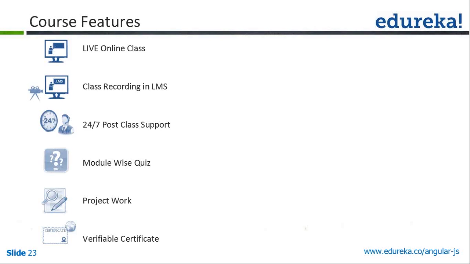Next one, 24/7 support. If you have any queries, you can call our support guys and the queries will be resolved. And each and every module will have its own quiz. So we'll check what we learned in this particular module. Then the last one is we will be doing the end-to-end JavaScript project. And we will be getting the verifiable certificate from Edureka on this particular course.